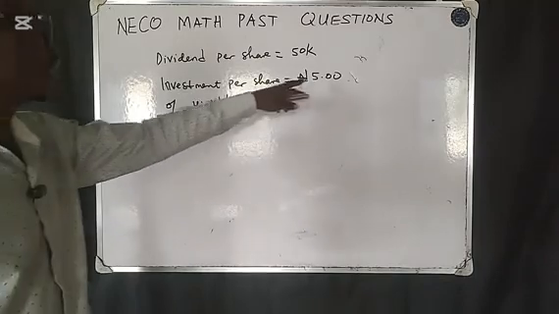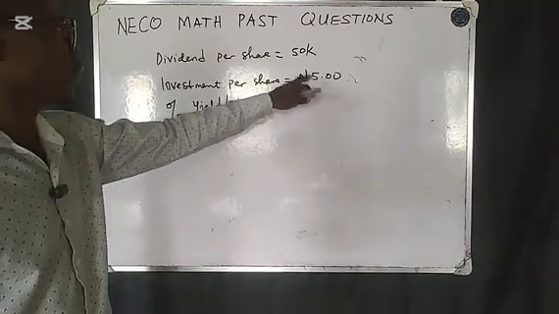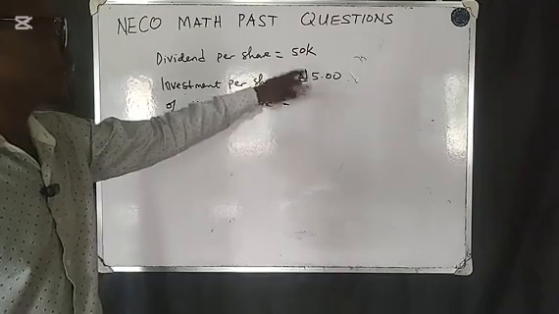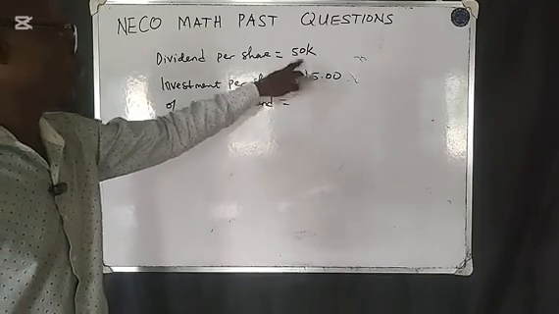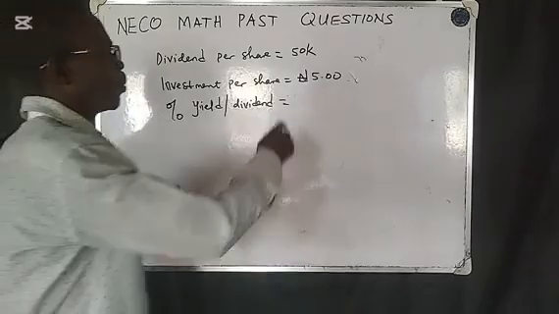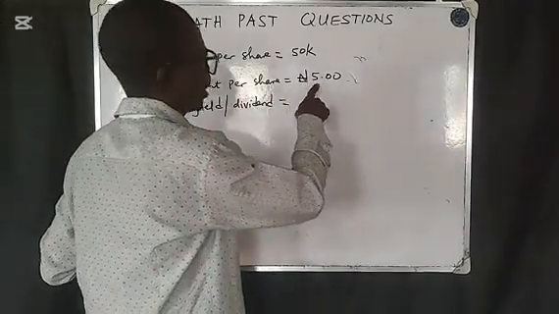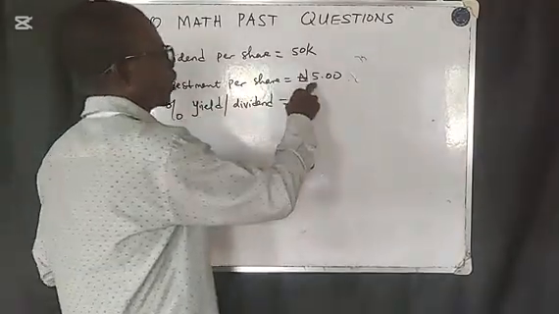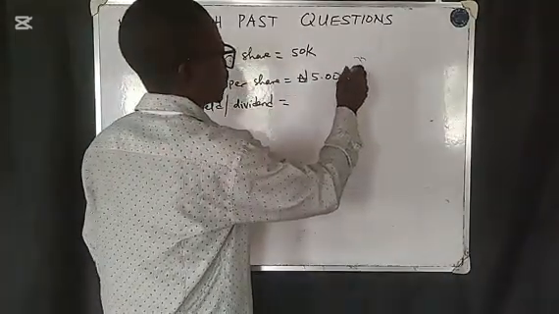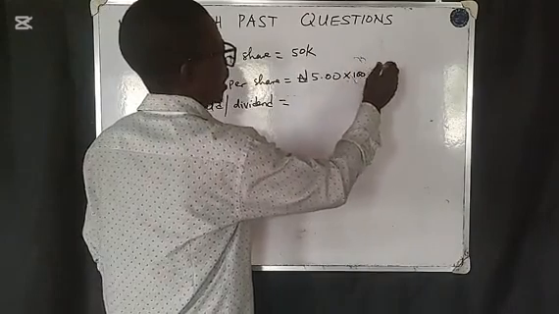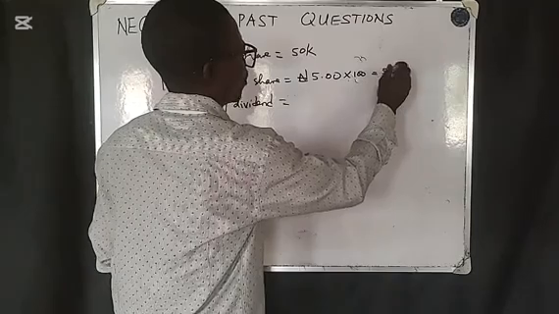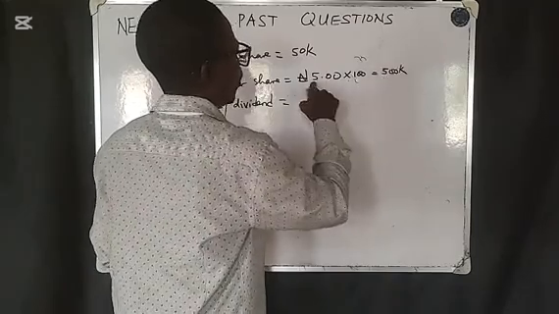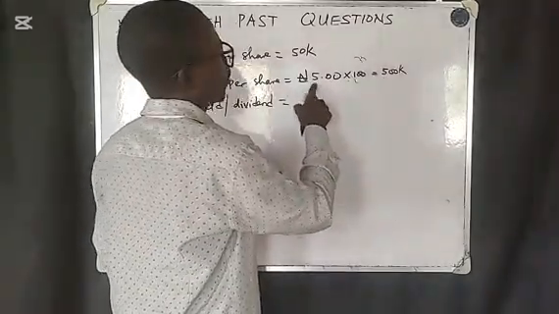The first thing is to change this naira to kobo, so that it can be the same unit, kobo and naira. So how many kobo do you see in 1 naira? That is 100 kobo in 1 naira. So to change this one to kobo, just multiply by 100, and that will be equal to 500 kobo, because in 1 naira we have 100 kobo.